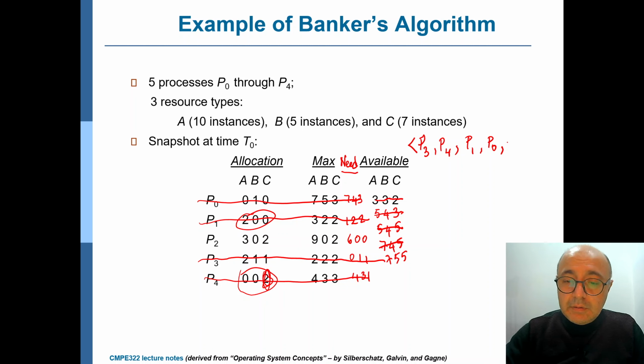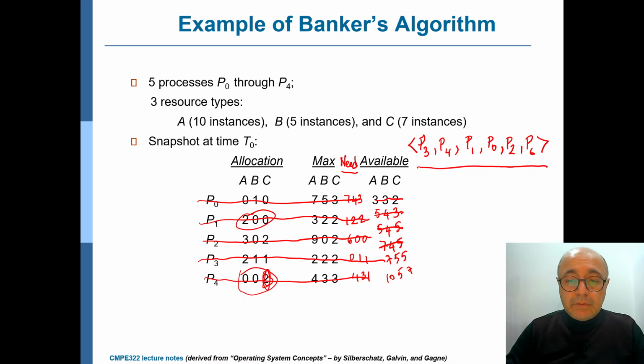And then P2, can it be completed? Yes, it's 600. Since it could be completed in the previous stage, it can also be completed now. So when that is completed, 302 will become available. So that means 10, 5, 7. So this is the sequence I have found now.